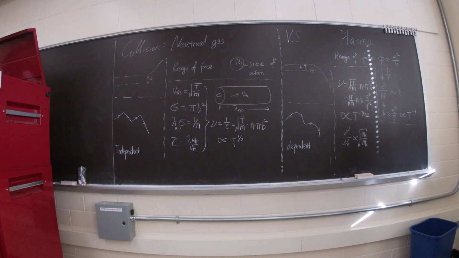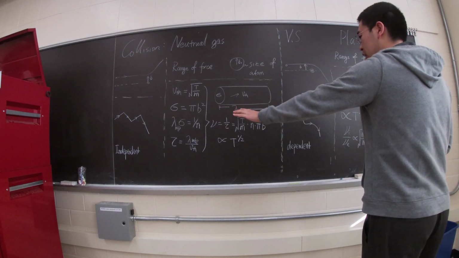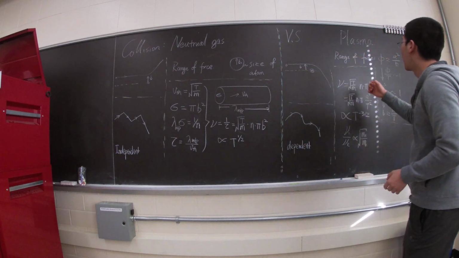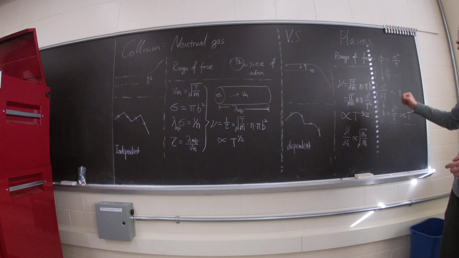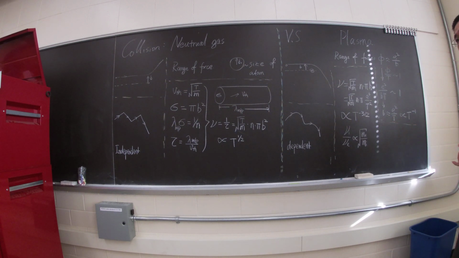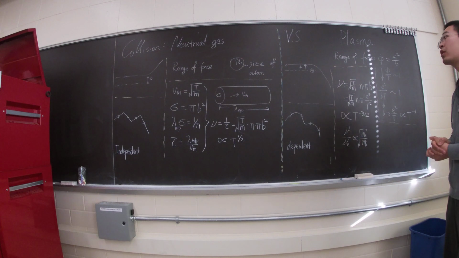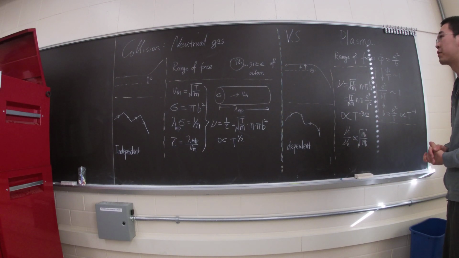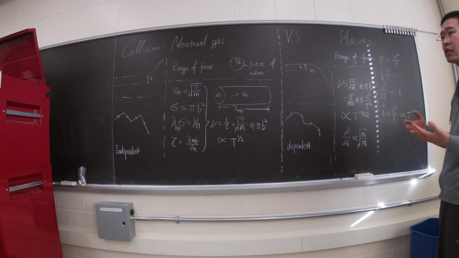So what that means is, the higher the temperature is for neutral gas, the more likely it is to collide. On the other hand, for plasma, the higher the temperature is, the less likely it is to collide. That is very important knowledge for plasma, because for fusion, for instance, the inside of the core is actually less collisional.